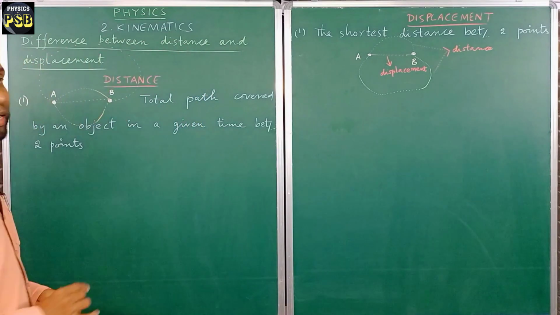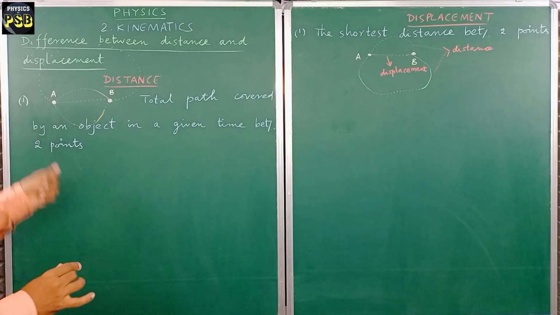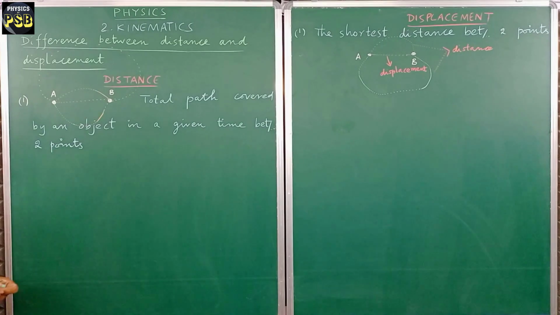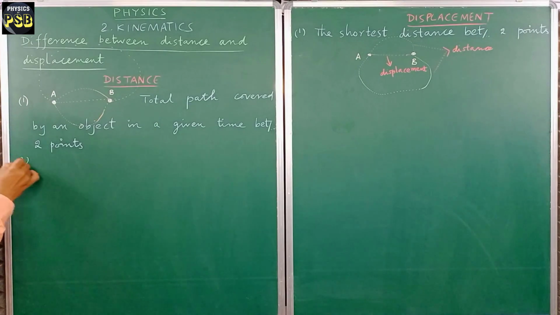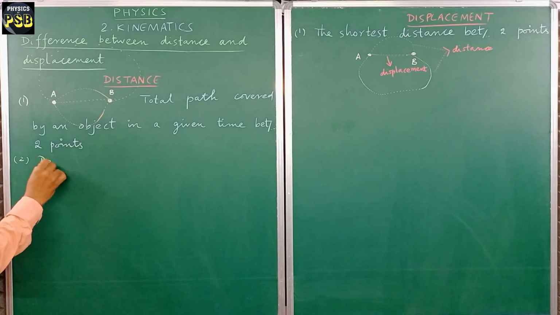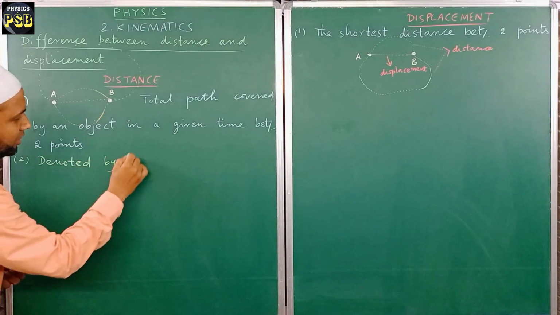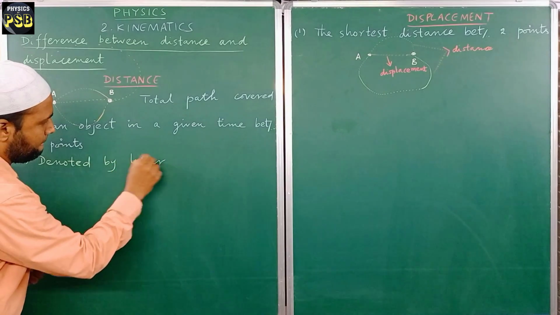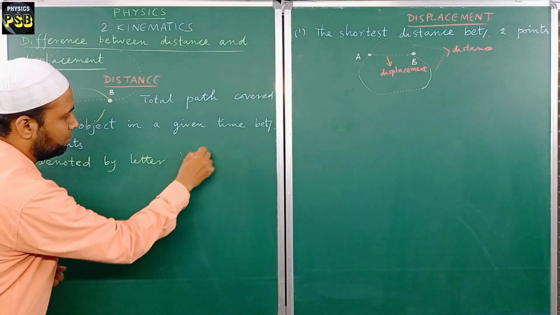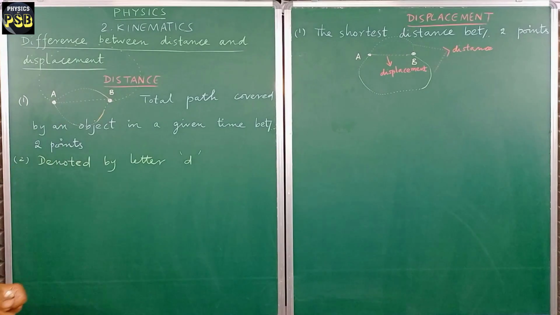Now, how do we denote this distance? Distance is denoted by letter D. By letter D, we denote the distance.